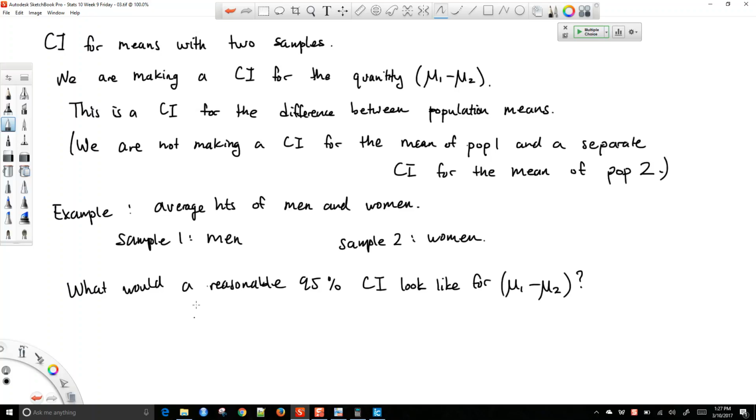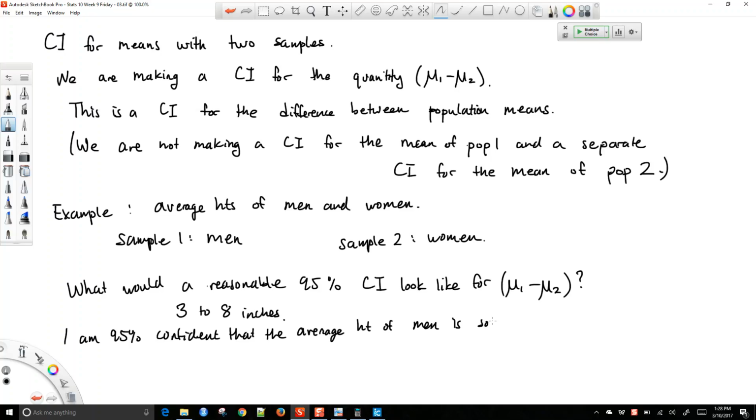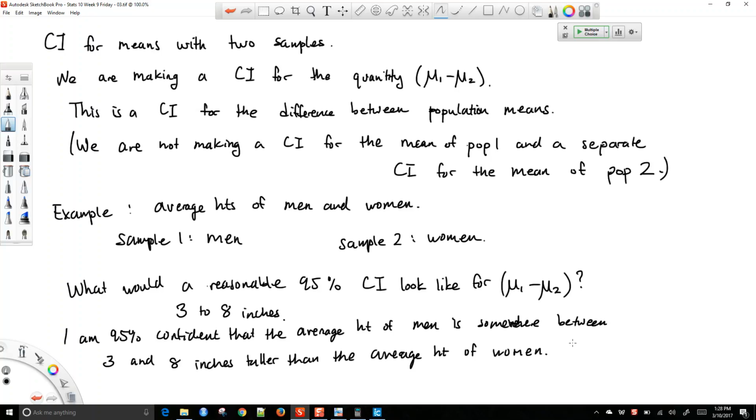That's a fairly wide range, but we would say I am 95% confident that the average height of men is somewhere between 3 and 8 inches taller than the average height of women.